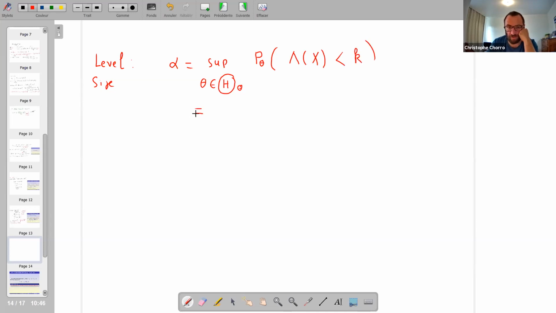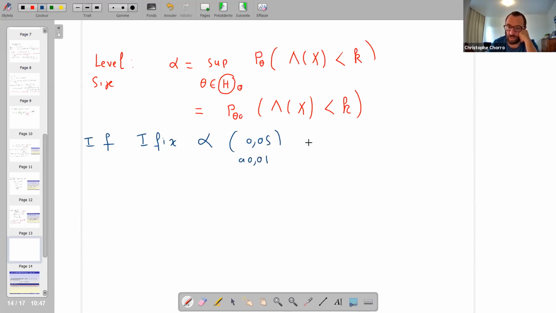But in my particular situation, in my basic example here, I have a single point inside, so it will be just probability theta 0 that delta x is strictly less than k. And so if I fix alpha, for example 0.05, or in general 0.01, then I obtain k from a table of a particular distribution.